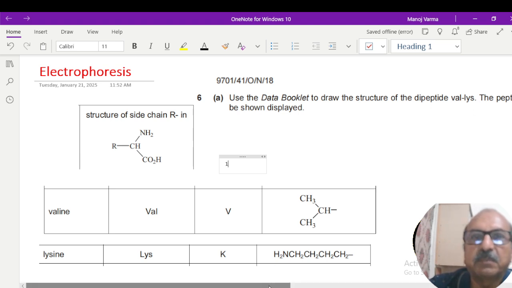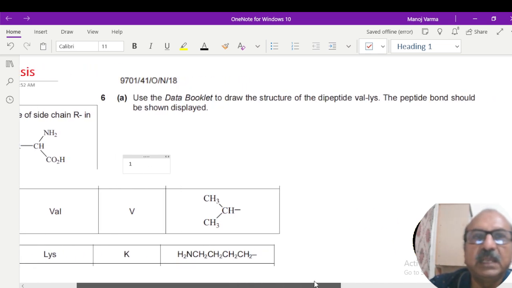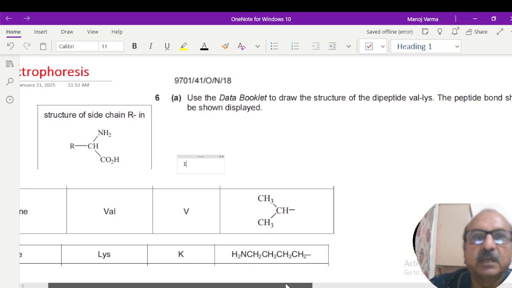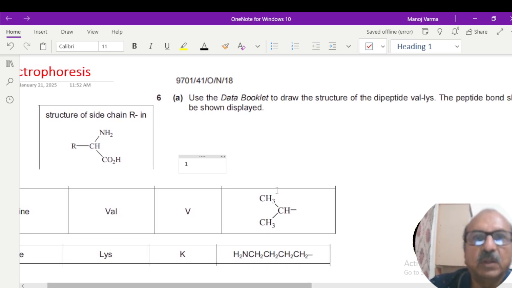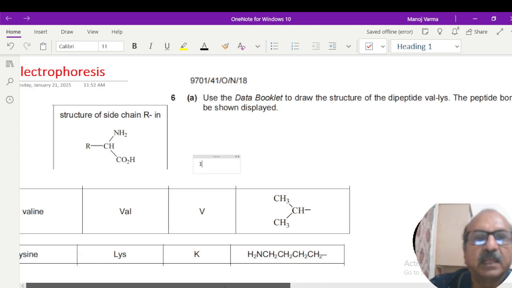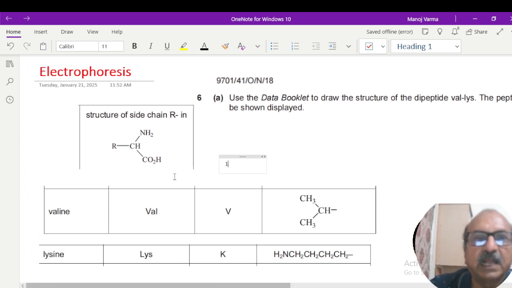The peptide bond should be displayed, and you have to use the data booklet to get the structures of the two amino acids, valine and lysine. So for that purpose I have taken the help of the data booklet.